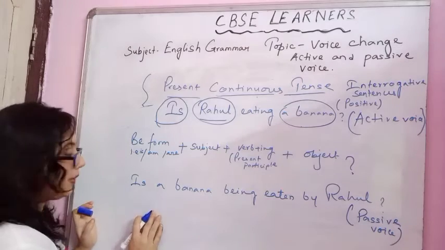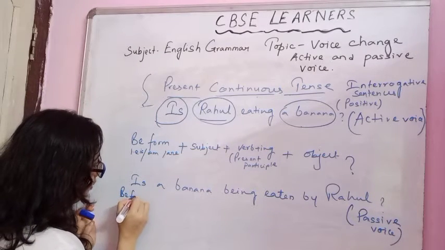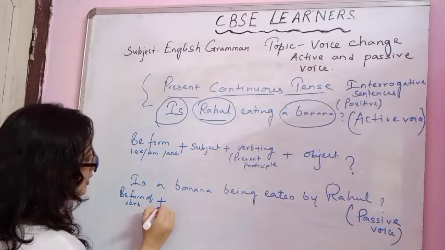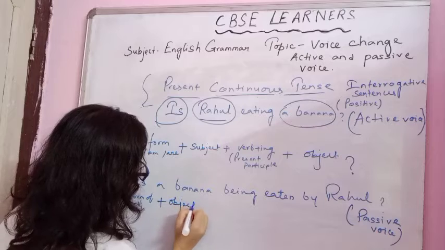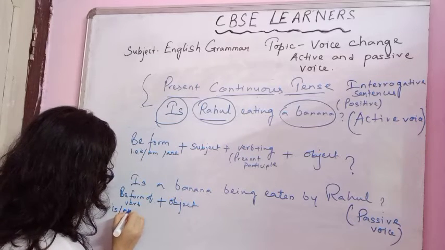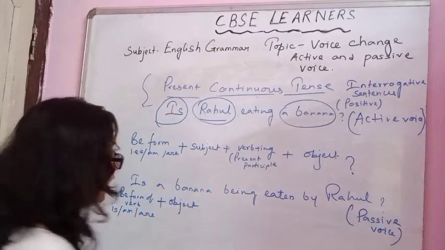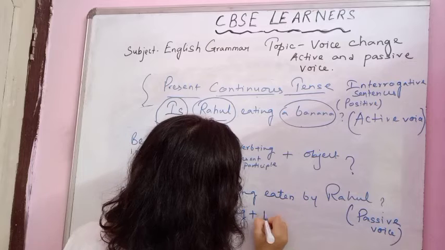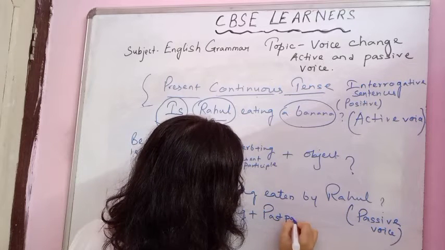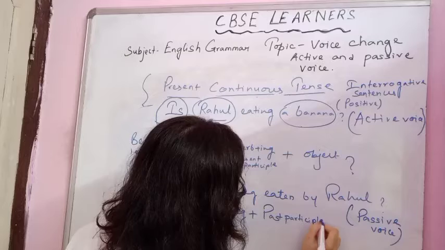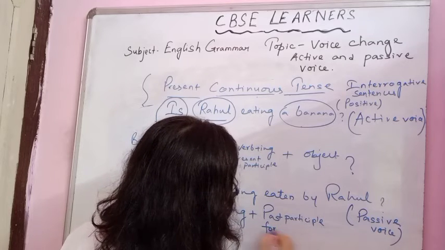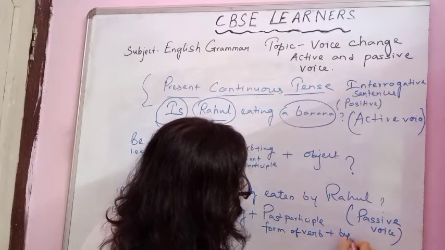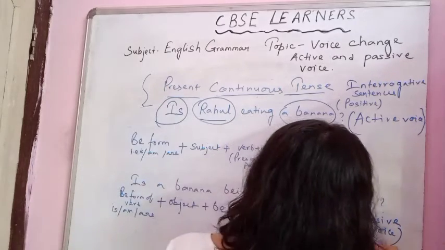The formula will be: be form of verb, which is is, am or are (a few of you may be confused), plus object, plus being, plus past participle form of verb, plus by, plus subject, with a question mark.